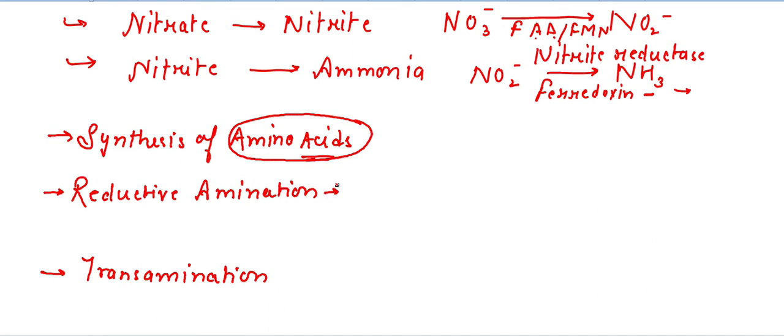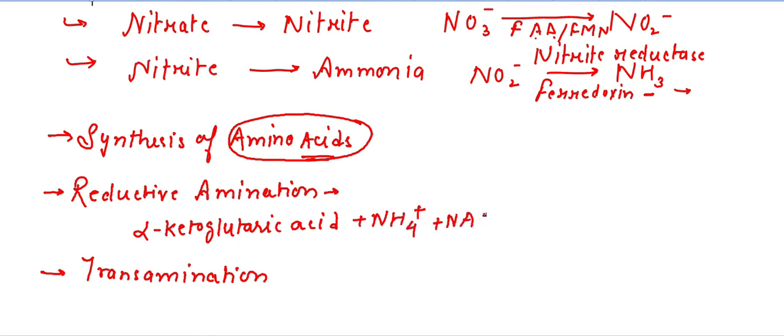What is reductive amination: the ammonia which is formed by the nitrogen assimilation reacts with alpha keto glutaric acid, and what is formed? The glutamic acid is formed.